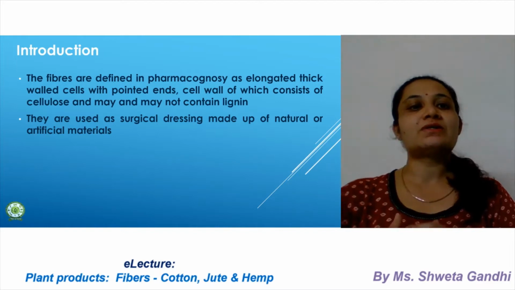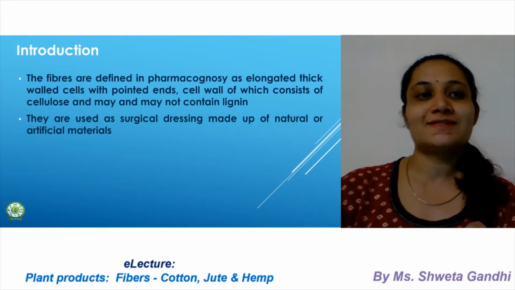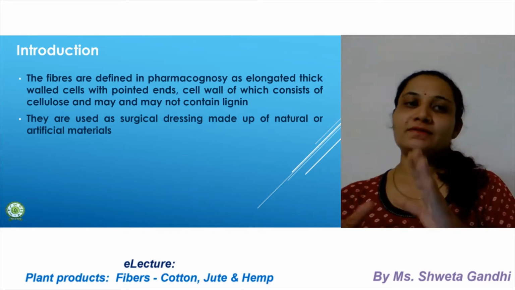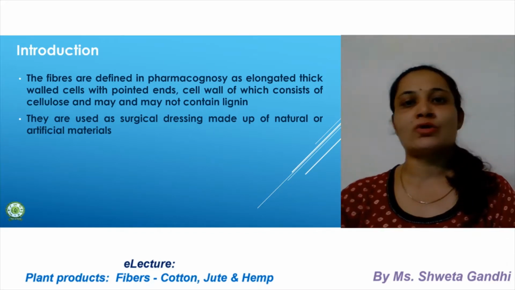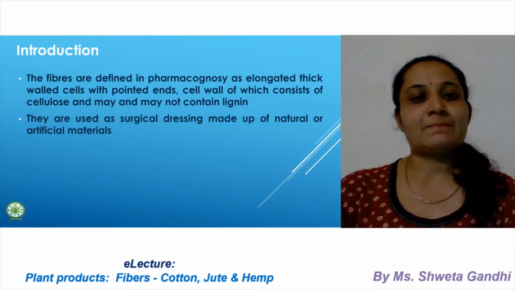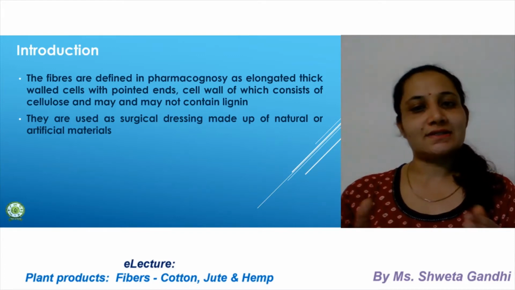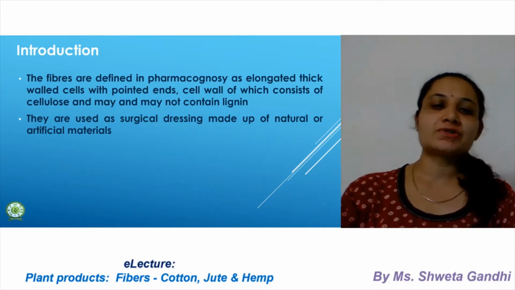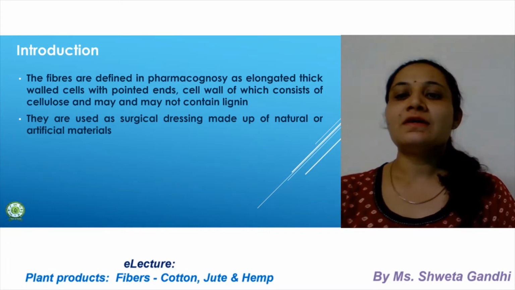So the major constituent present in the fiber is cellulose, and this cellulose may or may not contain lignin. What is the main use of the fiber? They are generally used for surgical dressings made up of natural or artificial material.